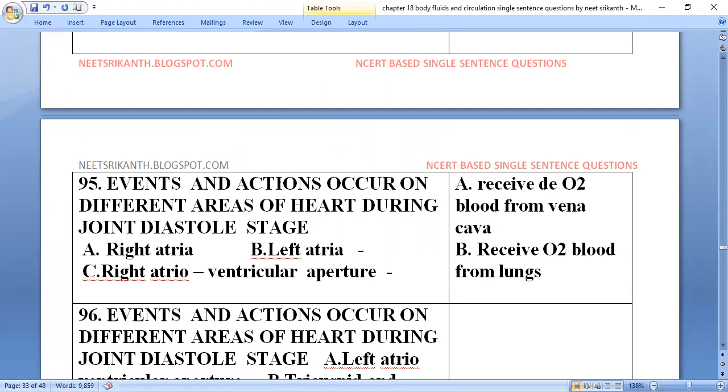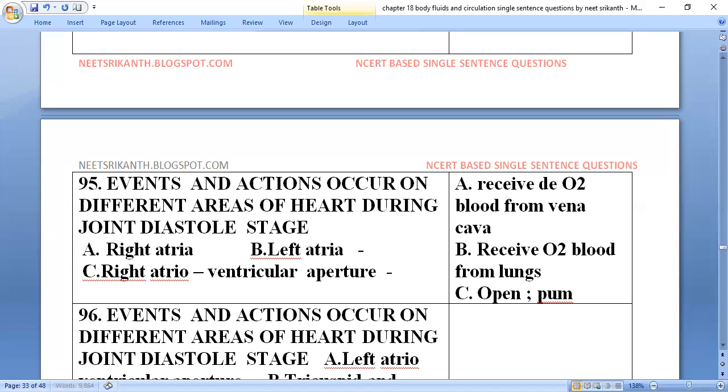Next, what about the right atrioventricular aperture? It is open, and it pumps blood to the ventricles.